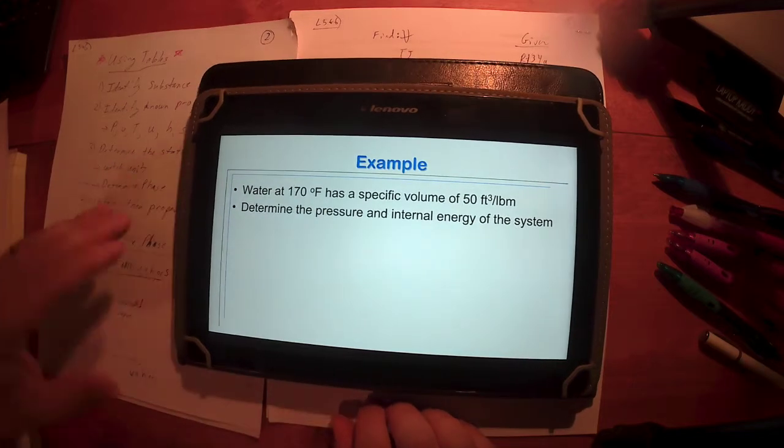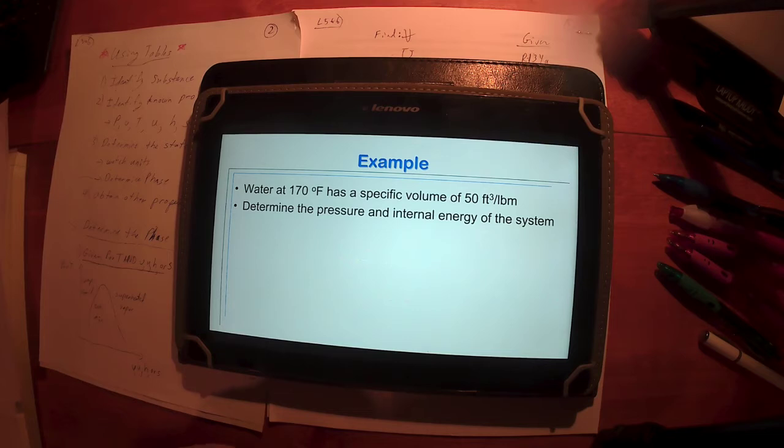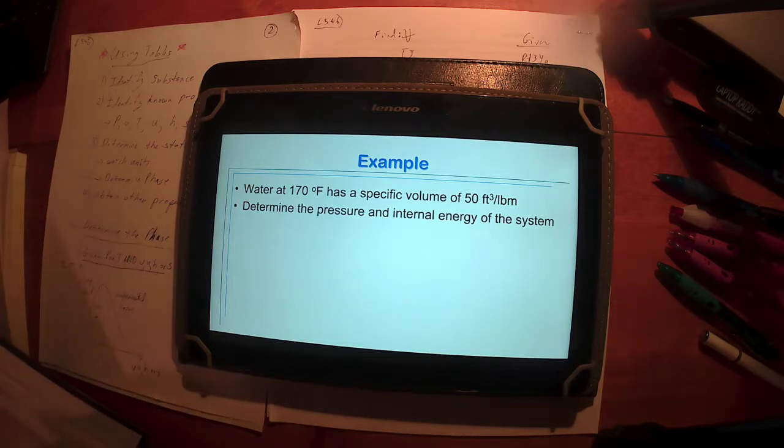Water at 170 degrees Fahrenheit has a specific volume of 50 cubic feet per pound mass. Determine the pressure and internal energy of the system. Okay. Well, more property tables up here. I've got water in English units.